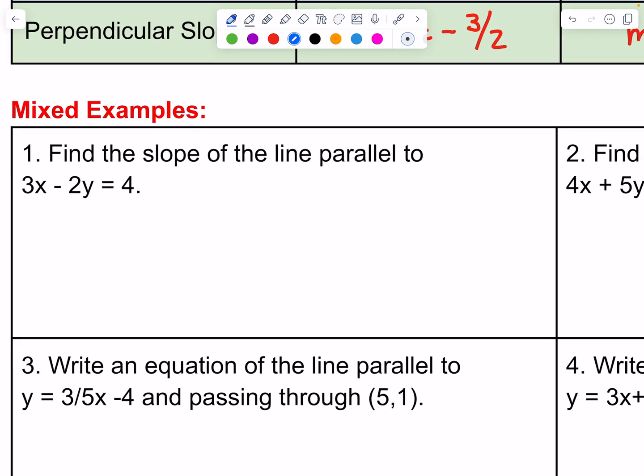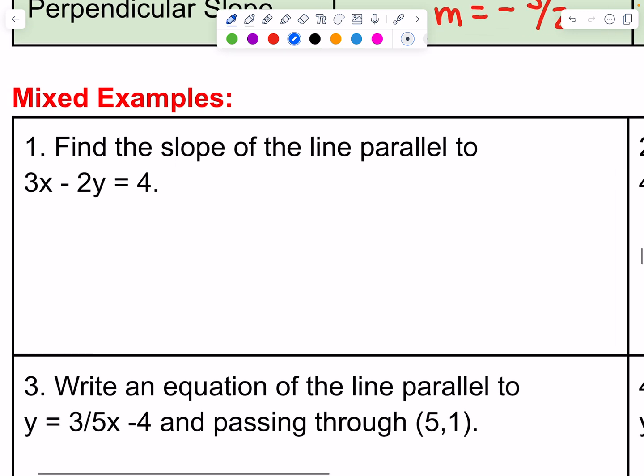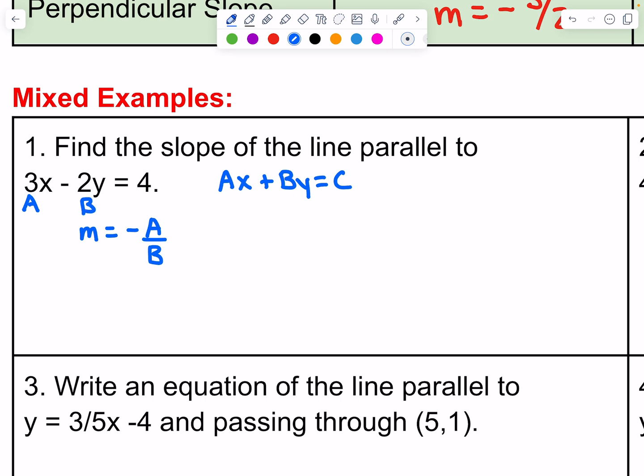Number 1 says find the slope of the line parallel to the line 3x minus 2y equals 4. So what I can do for this one is pick out my slope, and my slope in this case is -a/b. What I mean by that is this is in standard form, which is ax plus by equals c. So my a value is 3, and my b value is -2.